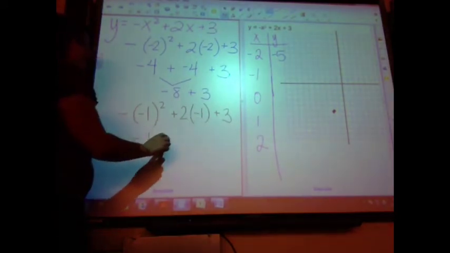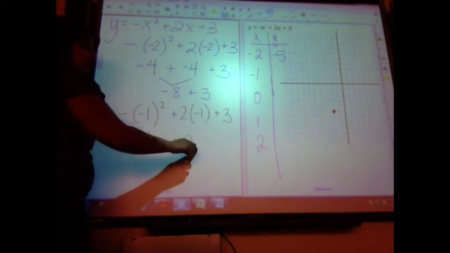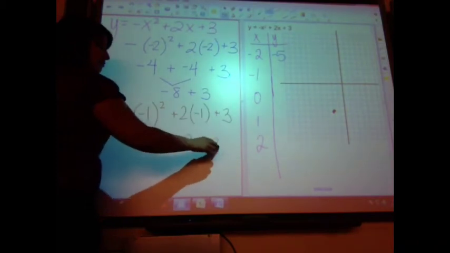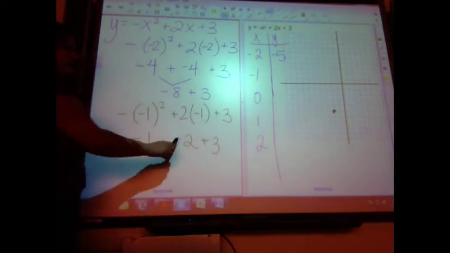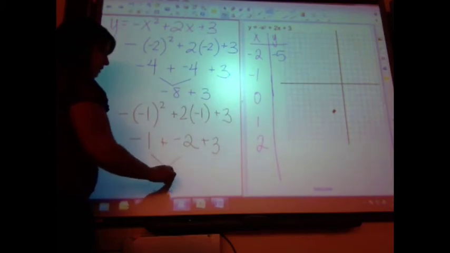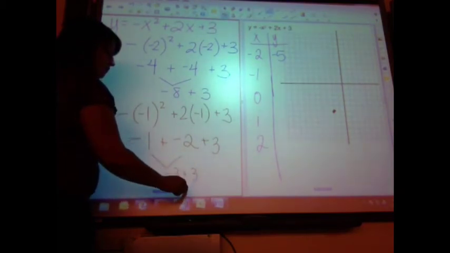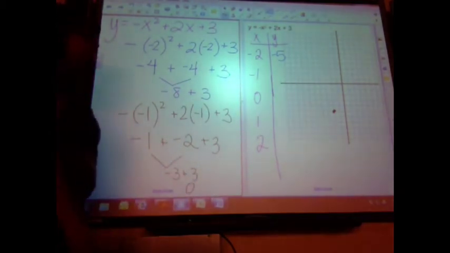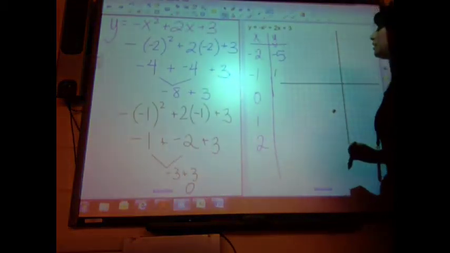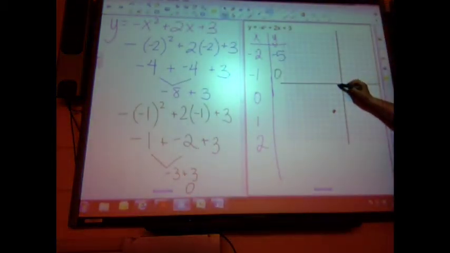Then I do 2 times negative 1. That's negative 2. And I bring down my plus 3. Negative 1 plus negative 2 is negative 3. Negative 3 plus 3 is 0. So at negative 1, my y is 0. So over 1 up to 0.